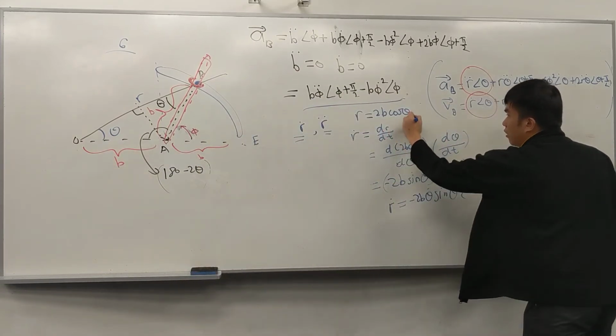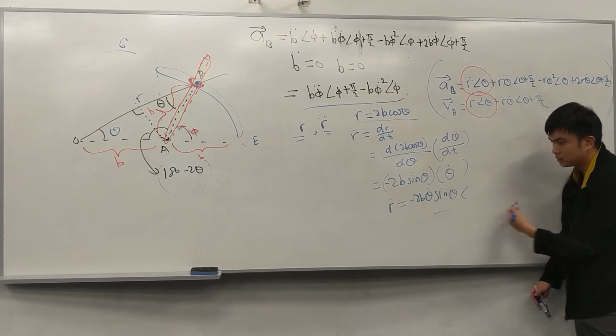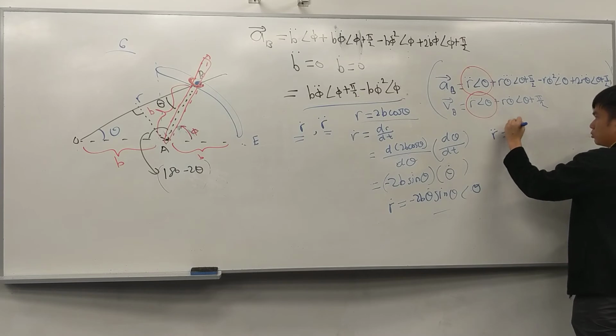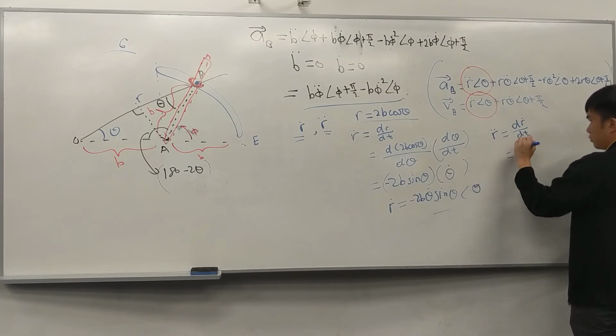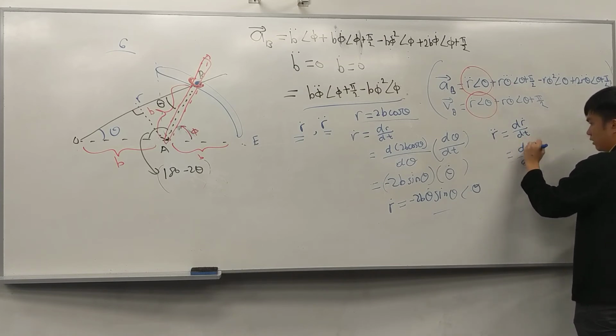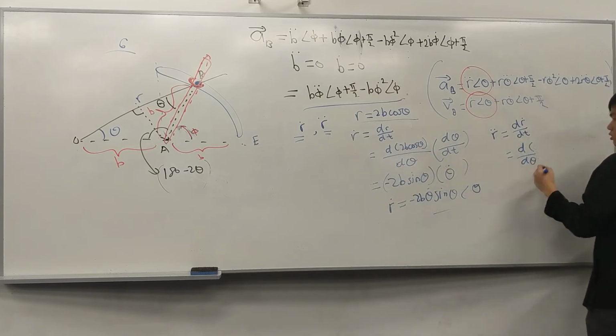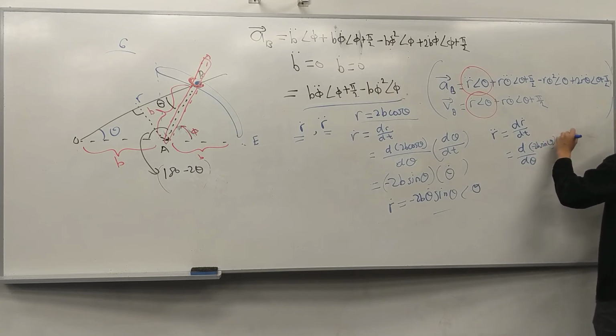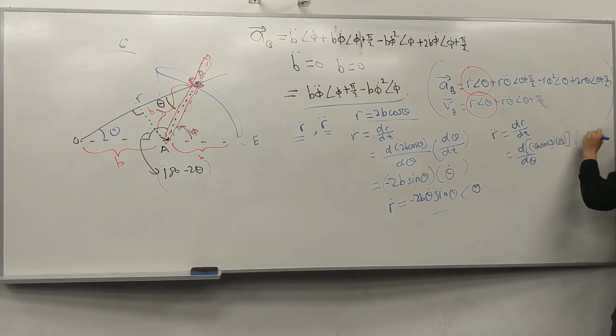What is the value? Let R equal 2b cos theta, and differentiate to get the answer. R double dot is just equal to d R dot over dt, which is equal to d over d theta of R dot, which is negative 2b sin theta, times theta dot, times d theta over dt. Chain rule again, and when you map out the whole thing, eventually you get R double dot.